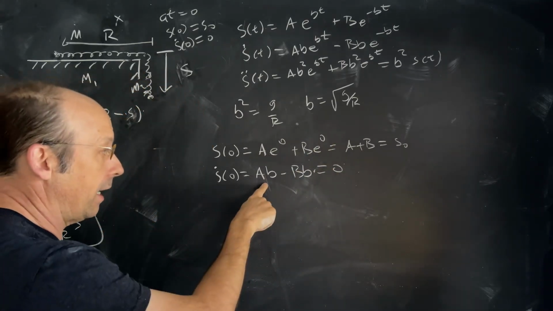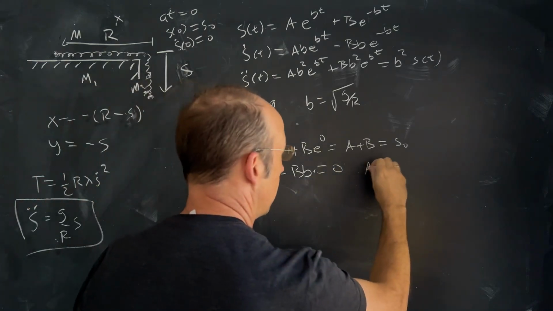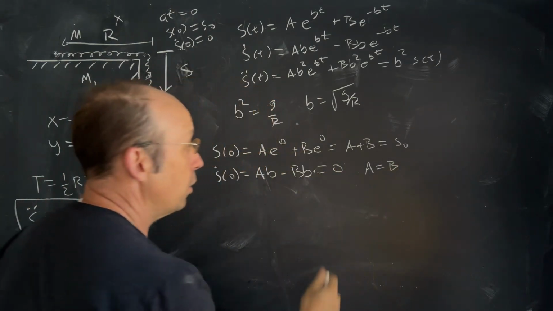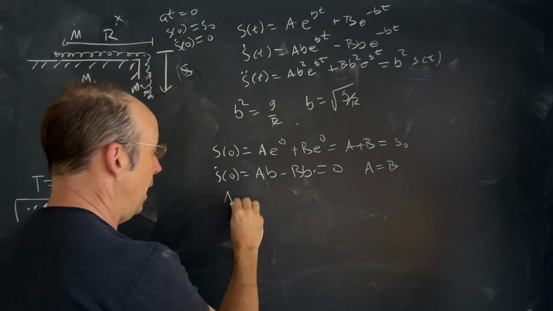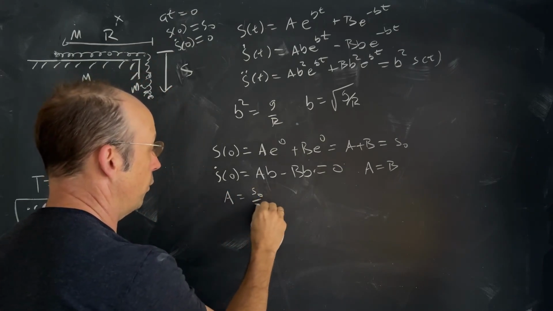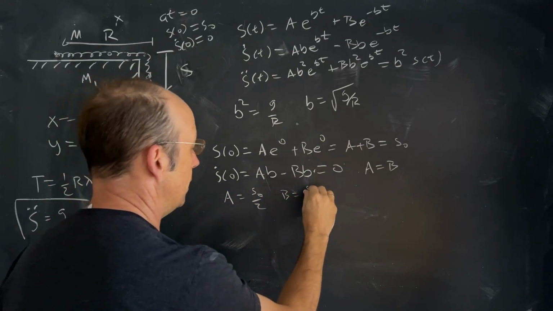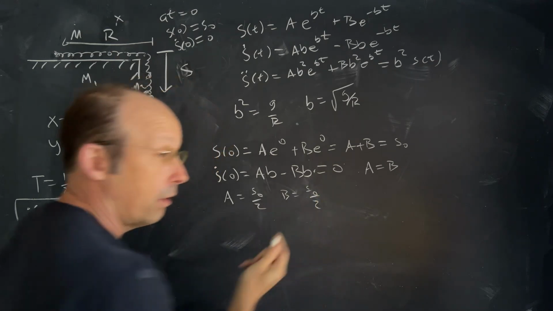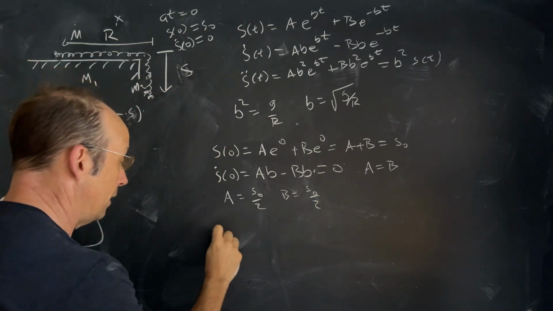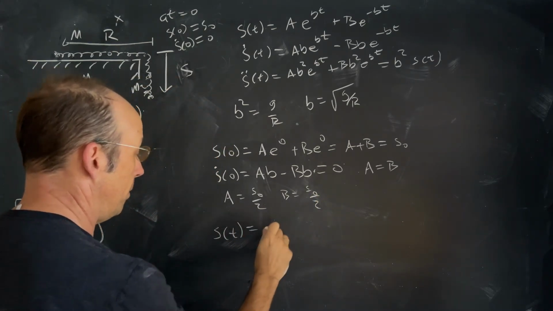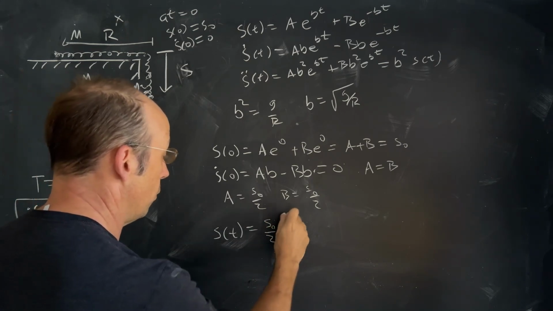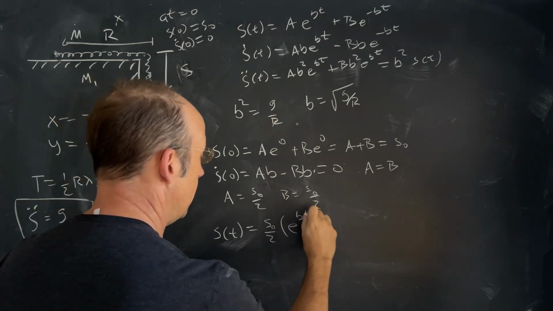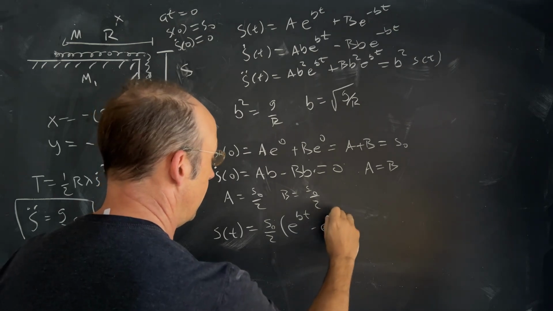So from here, I get that a is equal to B. If a and B are equal and they add up to s0, then a is s0 over 2 and B is s0 over 2. So I think I have my solution. s as a function of t is going to be equal to s0 over 2 times e to the bt plus e to the negative bt.